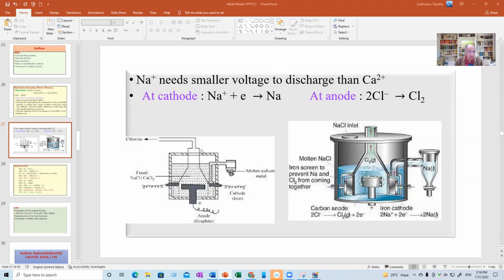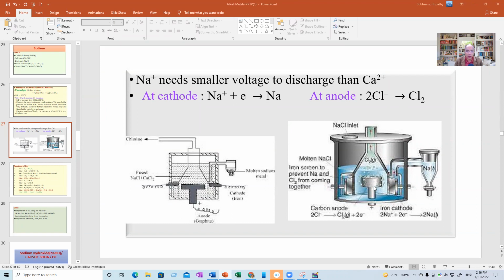This is the transverse section, and it is better seen here. The chlorine gas is allowed to escape through a different outlet. Sodium metal is siphoned from the cathode compartment to another chamber. So the cathode and anode are separated by an iron separator.